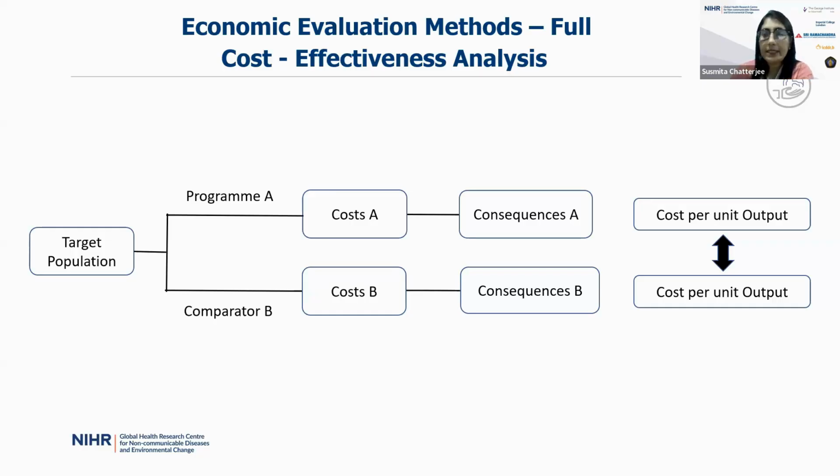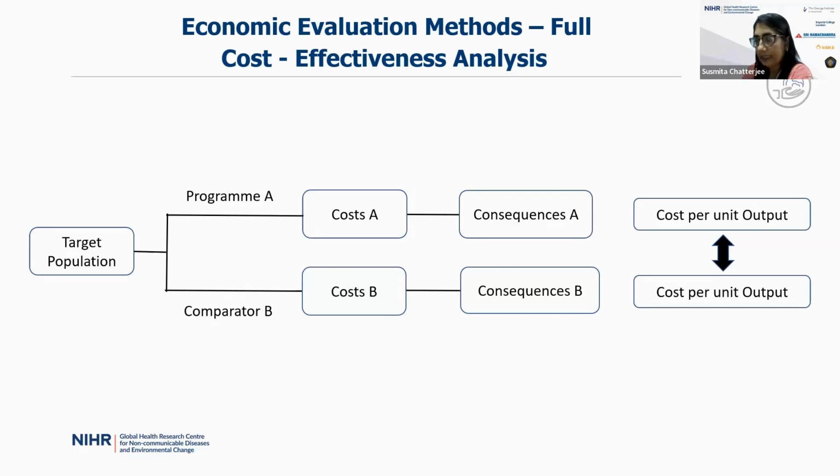Then the effect: the program group, the group who is getting the vaccination, there will be some rate of hospitalization, right? There will be some number of people hospitalized, and that rate you can use for that target population. And for the treatment group, you will also get a few people who will be hospitalized. And that's your consequences.